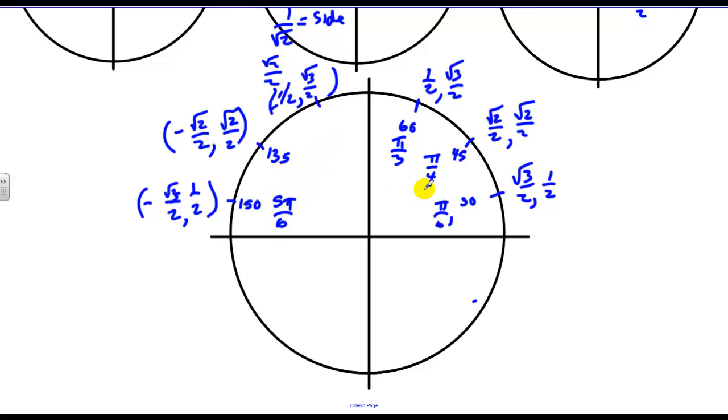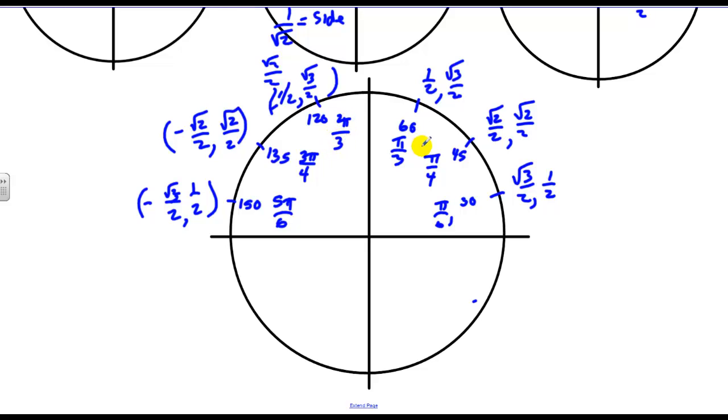And I'm pi over 4 away from pi, which is 3 pi over 4. I'm 60 degrees away, which puts me at 120. And I'm pi over 3 away from pi, which puts me at 2 pi over 3.